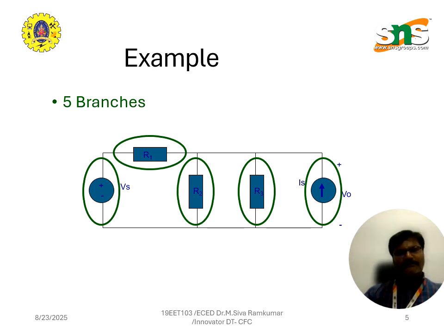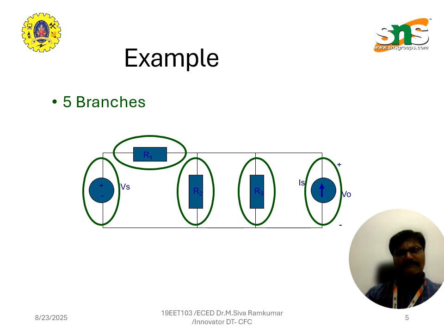Here we have the same circuit again, but this time let's count the branches. A branch is defined as a single element that connects one node to another node. Each voltage source, current source or resistor is a branch. In this circuit, we can identify five distinct branches. Branch 1 is the voltage source Vs connecting the bottom node to the left node.